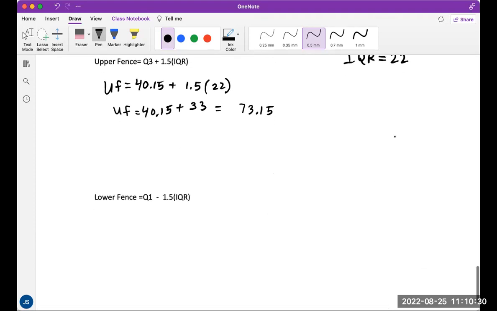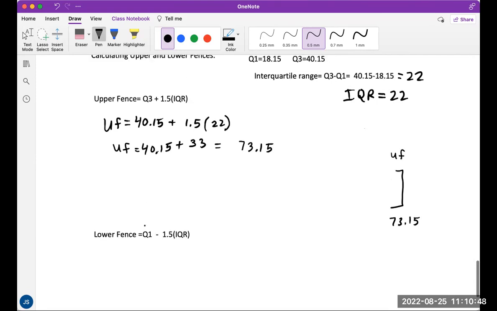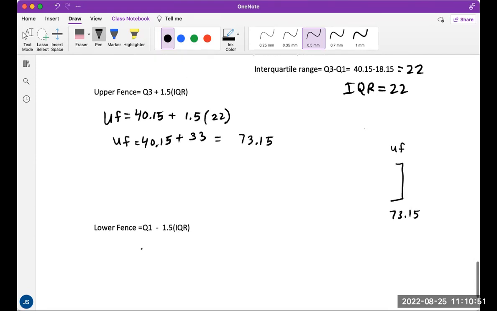And of course, we would graph it on our box plot at 73.15, and anything that is larger than that upper fence, we would say is an outlier. Okay. Then for the lower fence, I plug in the Q1 here, the 18.15, minus 1.5 times the IQR.